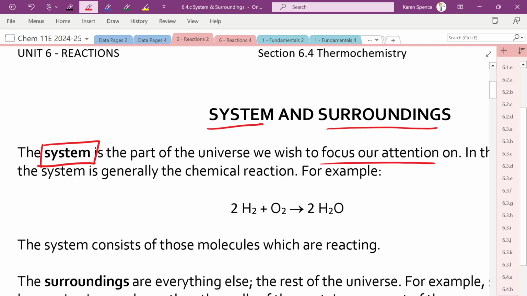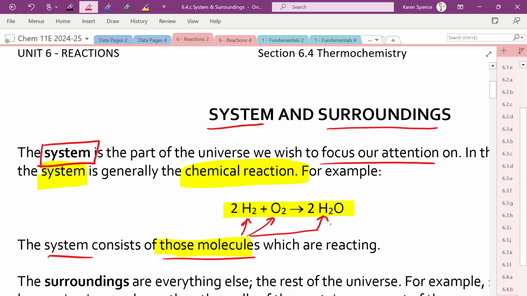Generally, the system is a chemical reaction. For example, if we have 2H2 plus O2 gives 2H2O, the system consists of those molecules.